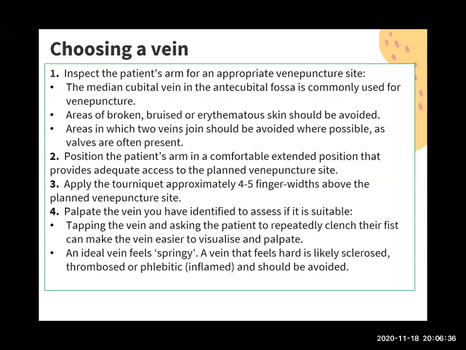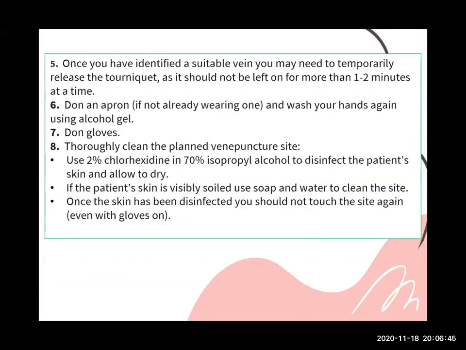An ideal vein feels springy, and a vein that feels hard is likely sclerosed, thrombosed, or phlebitic, and should be avoided. Once we identify a suitable vein, we temporarily release the tourniquet, and it should not be left on for more than 1 to 2 minutes at a time.